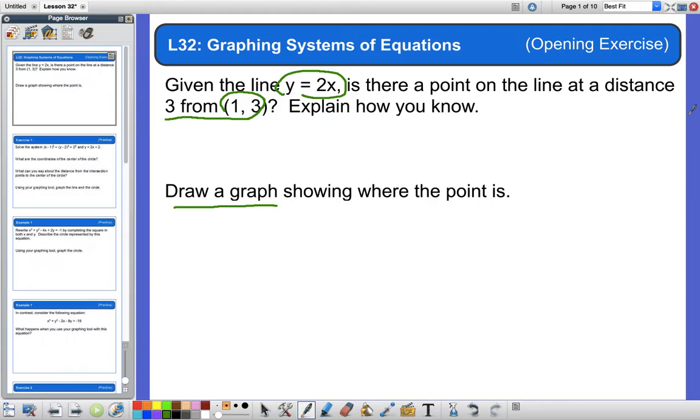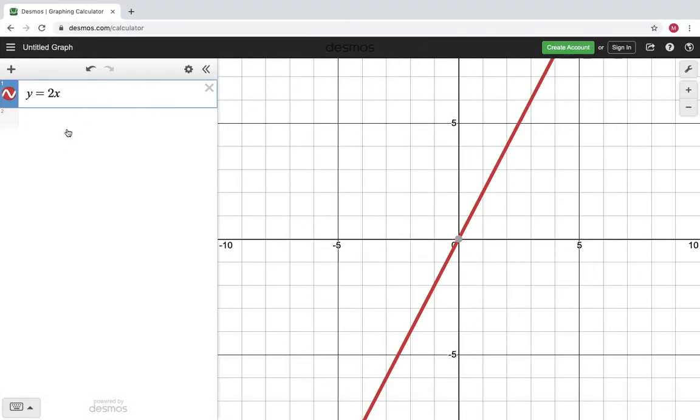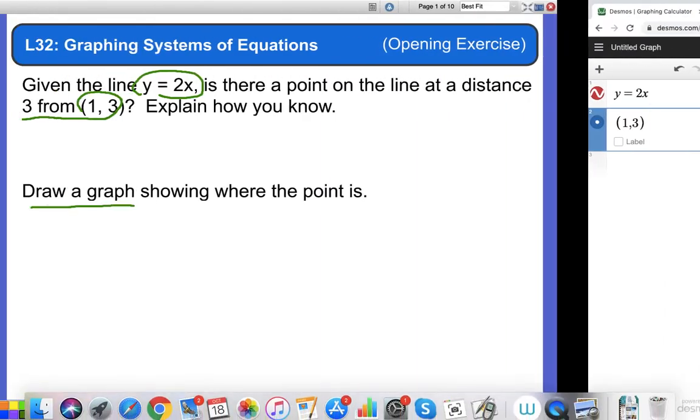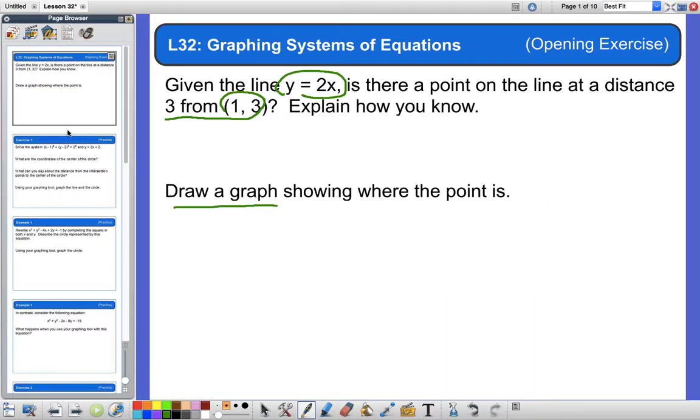So one thing we can do in Desmos is put this dot 1, 3 on the graph, and they want to know, is there a place that is a distance of 3 from this point that would intersect on the line as well? And so this brings in basically the equation of a circle.